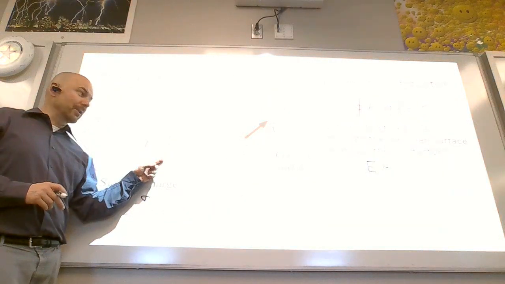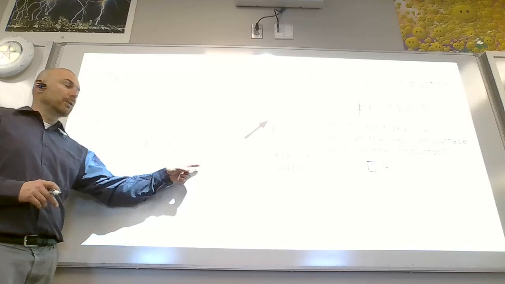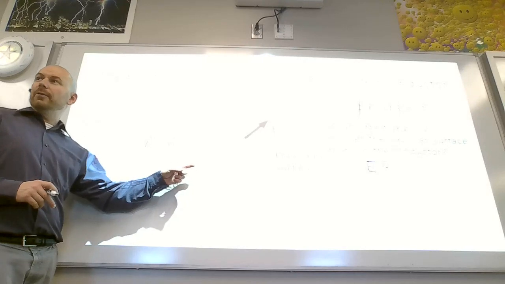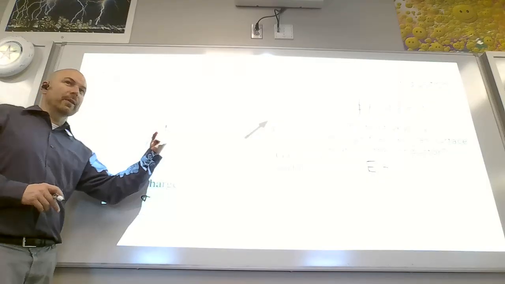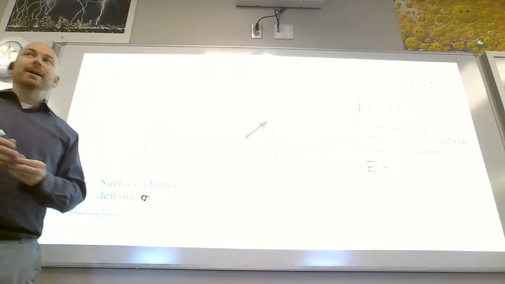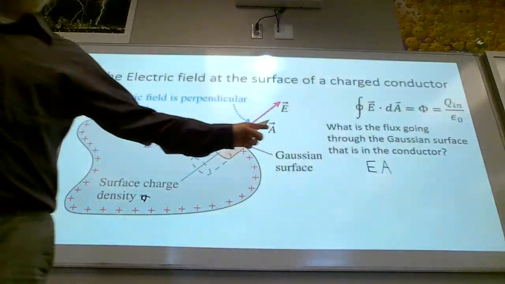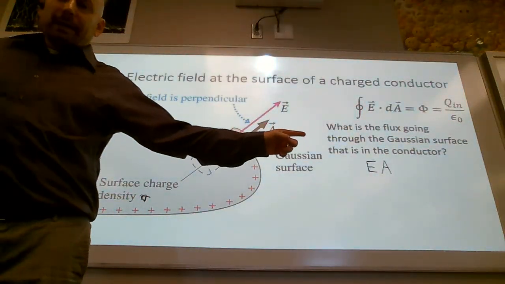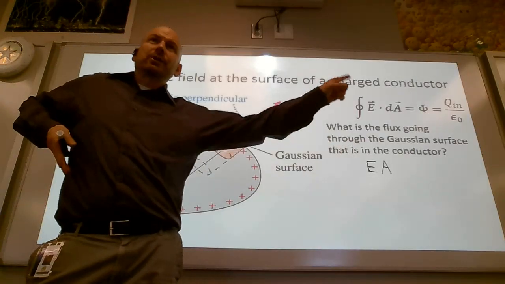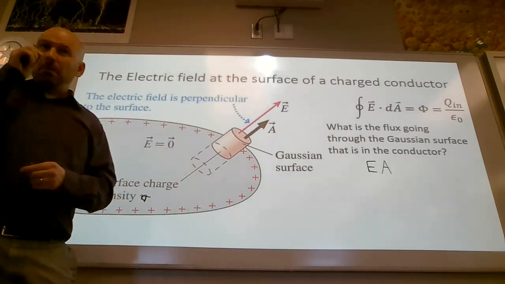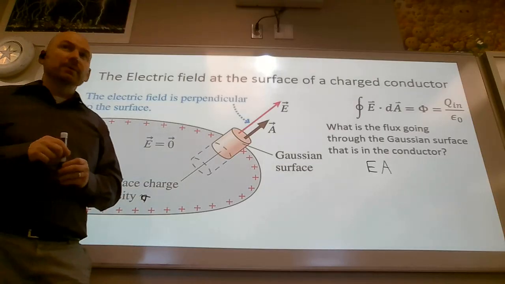That is why we stuck one of the ends on the interior part of the conductor, because there is no electric field. So there's just one of them, versus a plane of charge had one on either side. But in the interior of a metal, there is no electric field, so there's no flux here. It's just going this way. Okay? See the difference there?